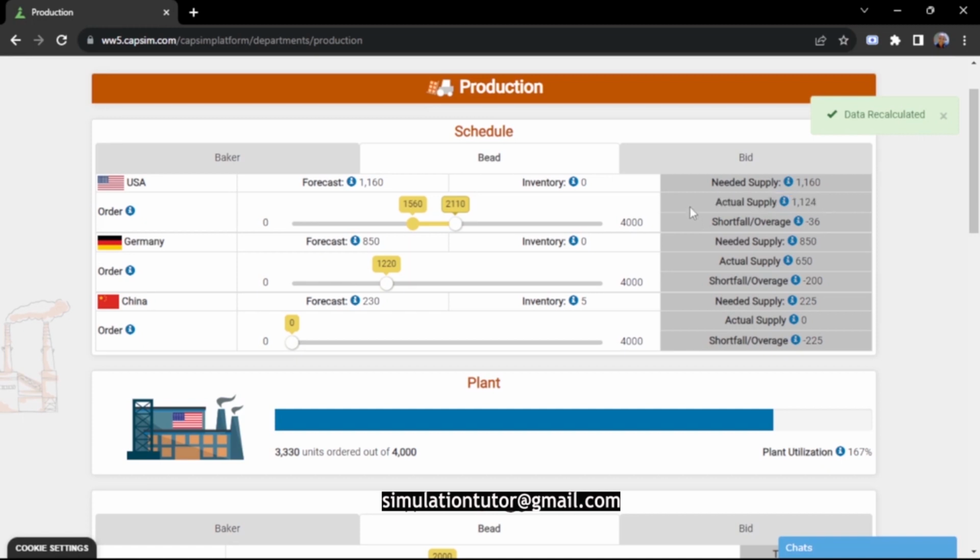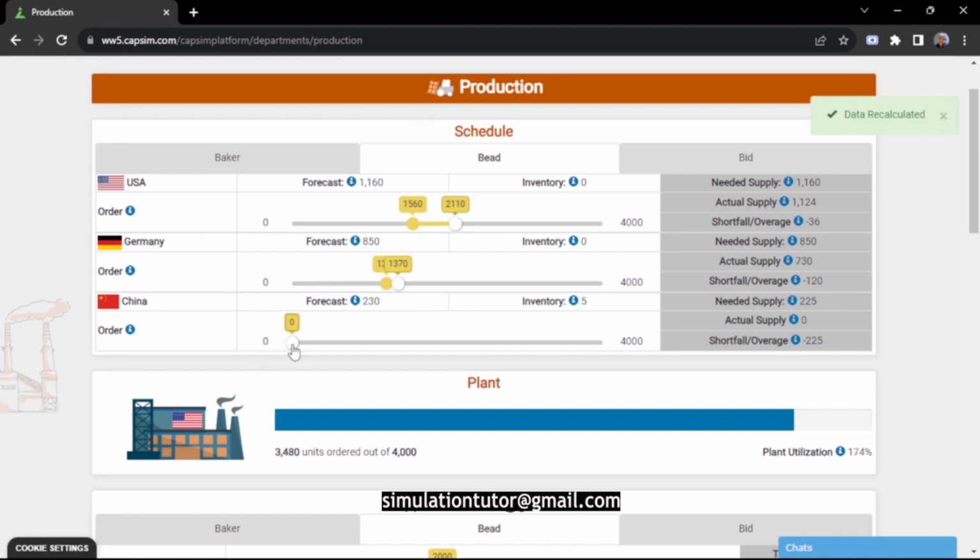Because if you look at this actual supply, you realize that this production schedule is way more than the actual supply. Basically, this is just to cover for the cost of maybe the damaged goods, the rejected goods, and what have you. So then for Germany, I'll say 1,370. So I just want to produce 1,370.